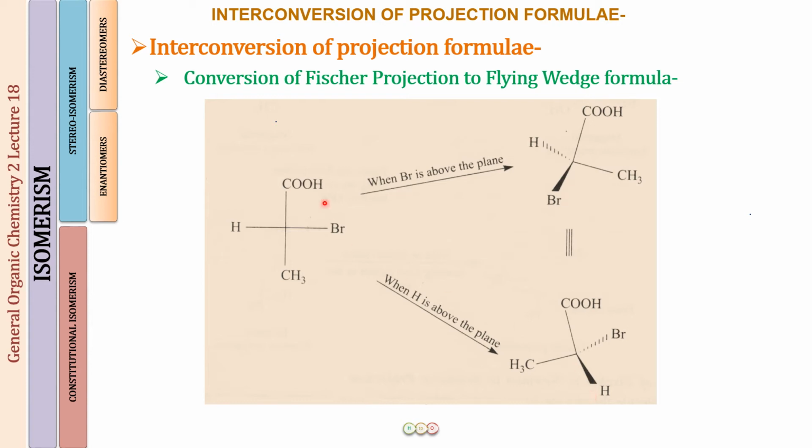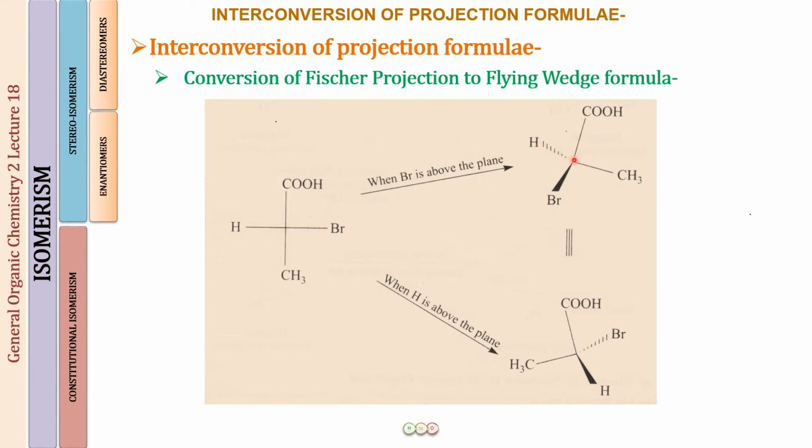So first of all, the vertical groups you will be making like this, and the top one will be going on the top of the vertical line in the plane of paper. So once that is done, you have to see where H goes and where bromine goes. First of all, you should have an understanding that these two groups you are going to draw in such a way that bromine is the one which is lower down and hydrogen is slightly above, on the dash.